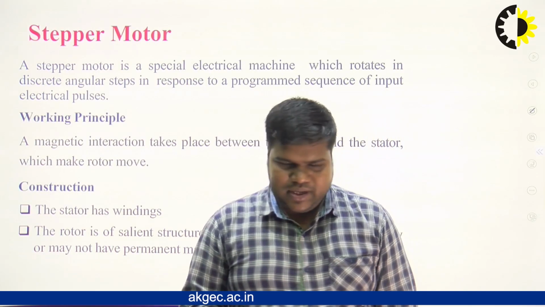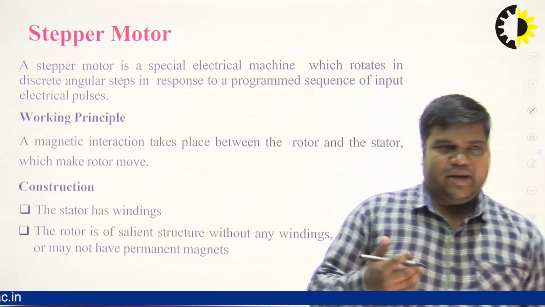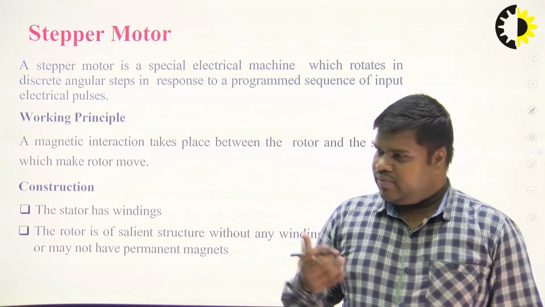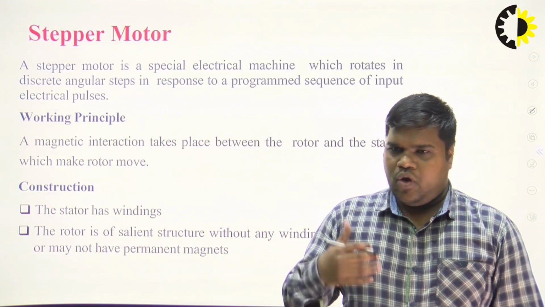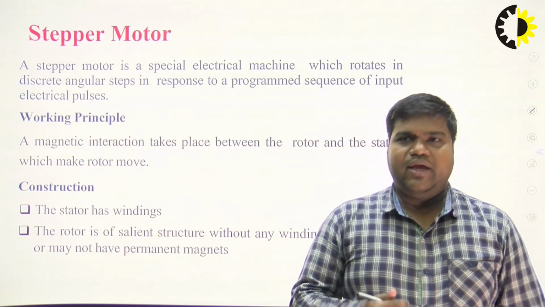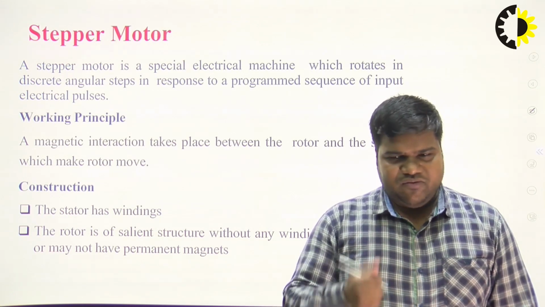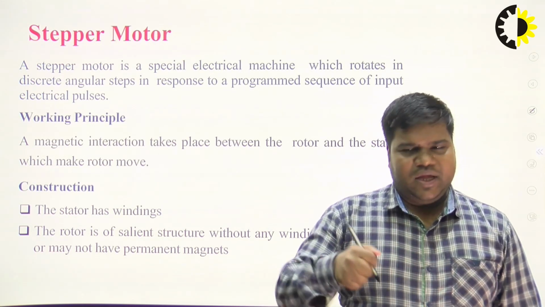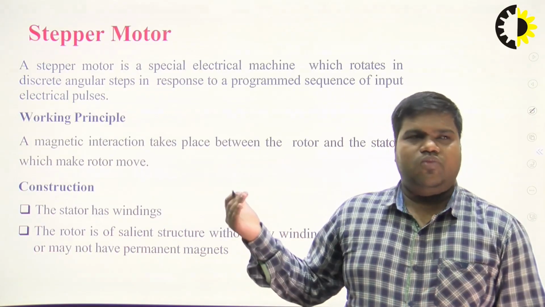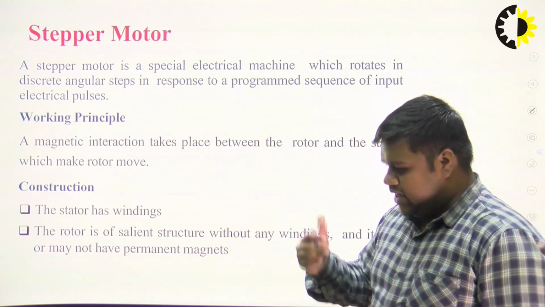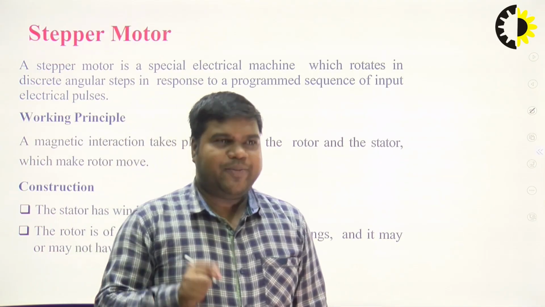In other words, a stepper motor works on the principle of rotary movement of a rotor with the excitation of pulses given to the motor. Basically, it rotates in the form of input pulses.